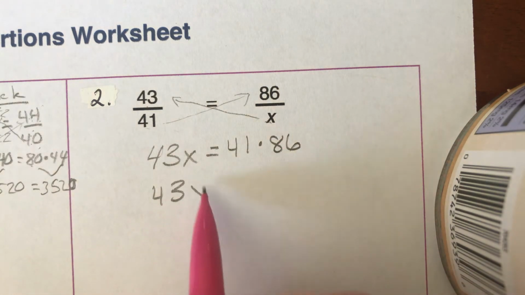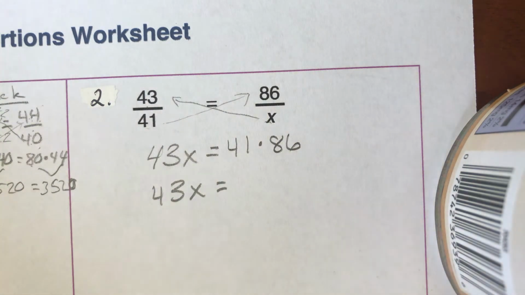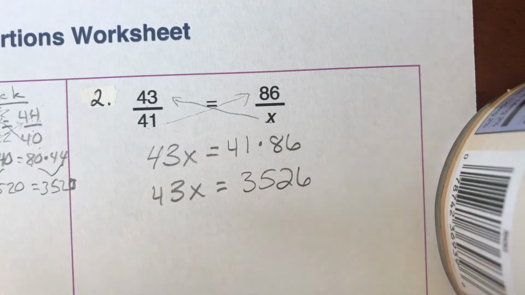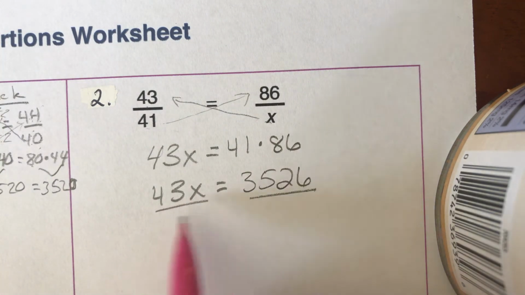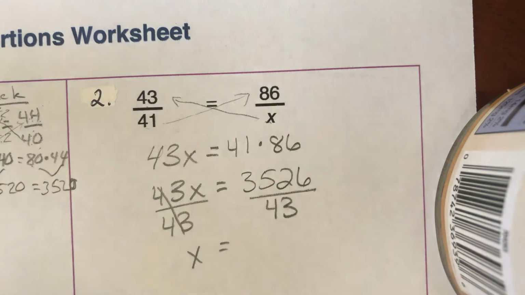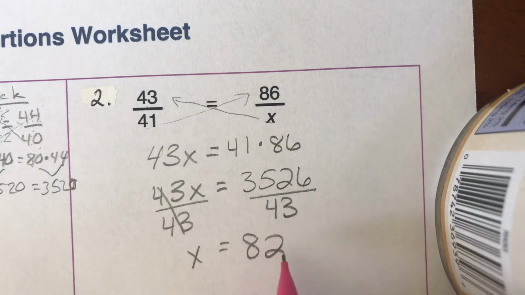So 43x is equal to, in our calculator, 41 times 86, 3,526. Now we have a one-step equation. We want to do the inverse operation here, so we divide by 43 to get rid of it. In my calculator, I'm going to divide 3,526 by 43, and I get 82.